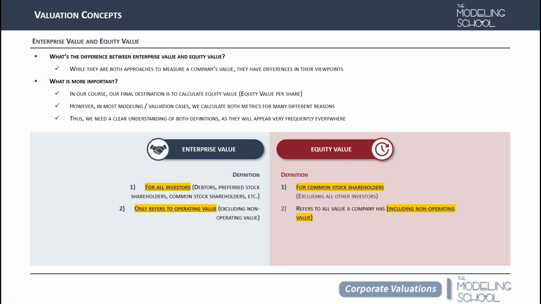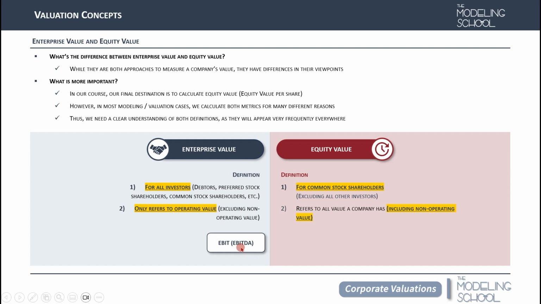This concept becomes much easier to understand when we link it to the income statement. What part of the income statement feels similar to enterprise value? It's the operating value from the perspective of all investors. So it corresponds well to EBIT, or operating income, operating profit, or EBITDA.